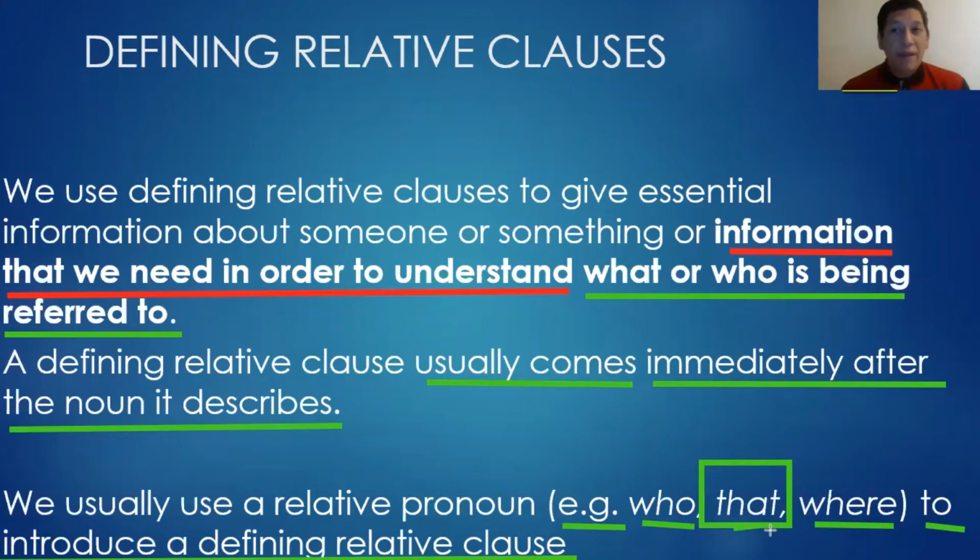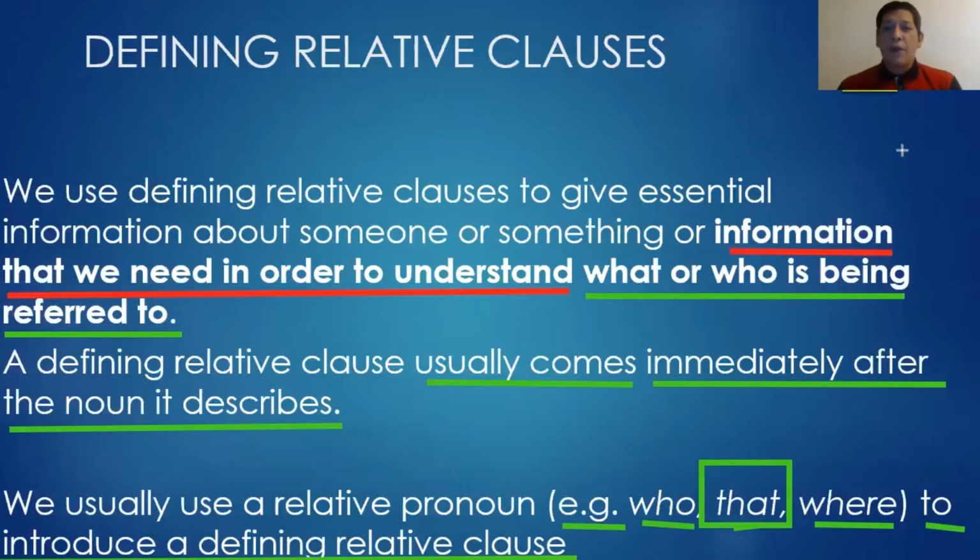Now, when I say defining relative clauses, I don't mean that we are going to give a definition. No, it doesn't just refer to that. It's a specific name, defining relative clauses, and later on, we're going to check the non-defining relative clauses, okay? So we need to be very specific in that part.